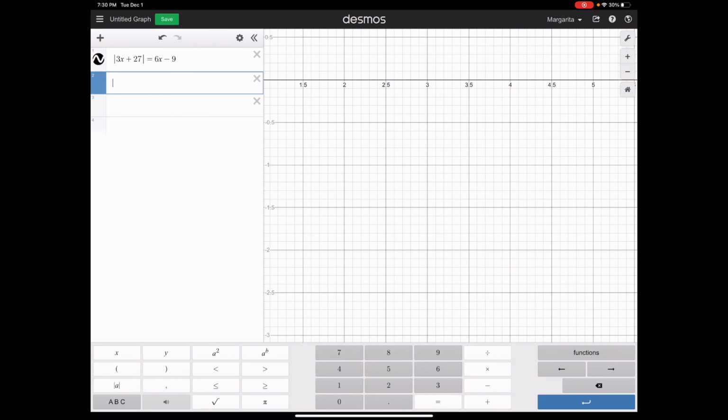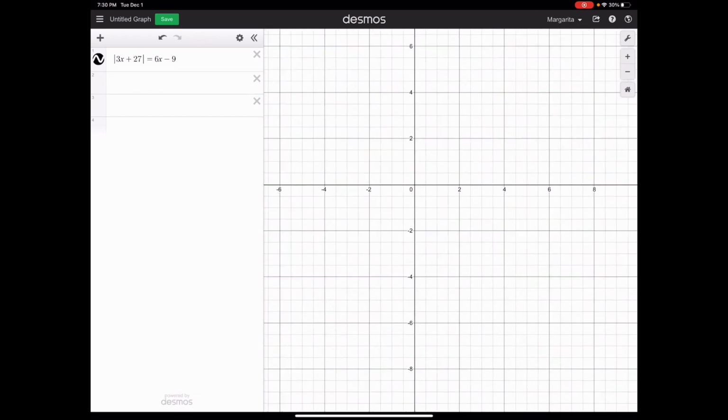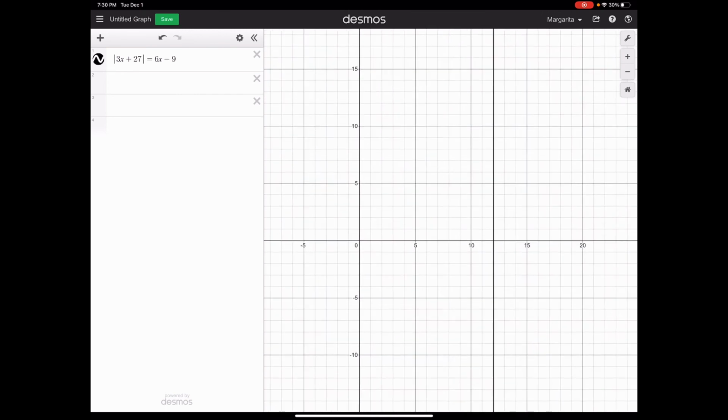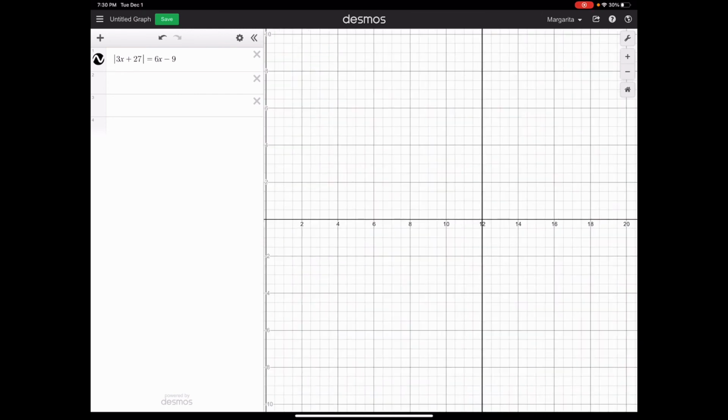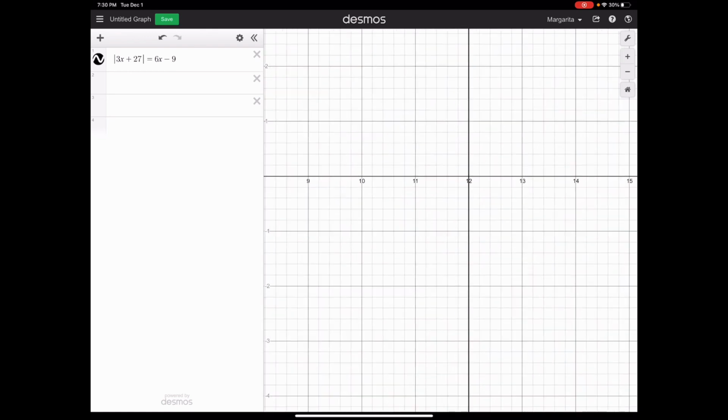All right, notice that when I press enter, nothing shows up, but on the left-hand side, it shows a black circle with a line. That means it accepted the function. So the line is there, I just can't see it. So I'm going to zoom out. Oh, there it is. It graphs a black line, which matches the color next to where I typed it. And it looks like it crosses at 12.